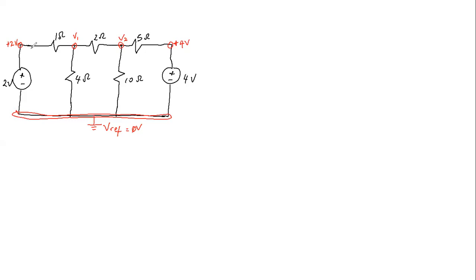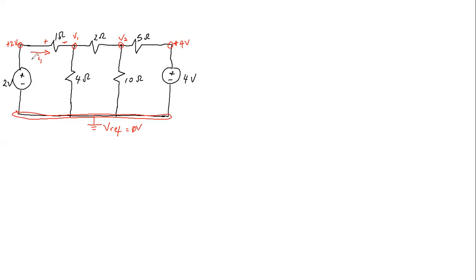And then we assign current directions, okay? And we show currents leaving the node. So from this node, we show this current leaving, say I1. We know these are passive elements, so current flows in through the positive terminal and exits through the negative terminal. For the sources, active elements, current flows in through the negative terminal.